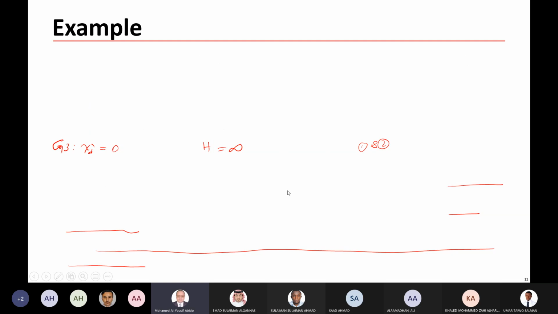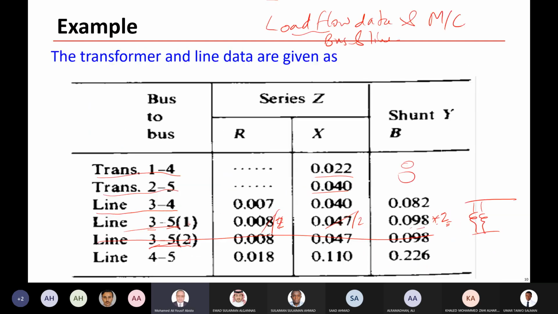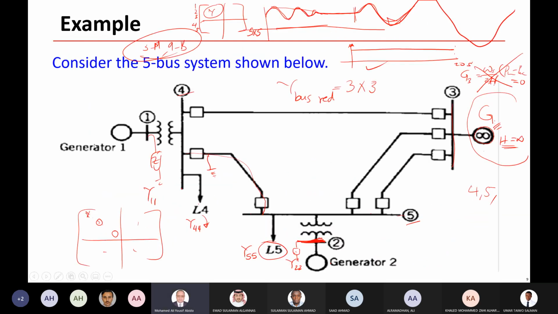So, as we mentioned last class, for this system, how many swing equation should we develop? How many? Any answer? 2.